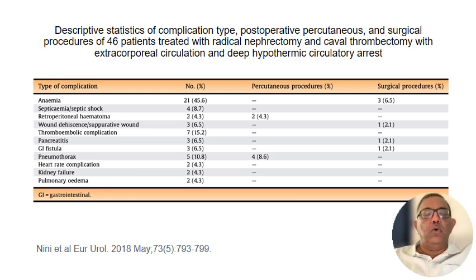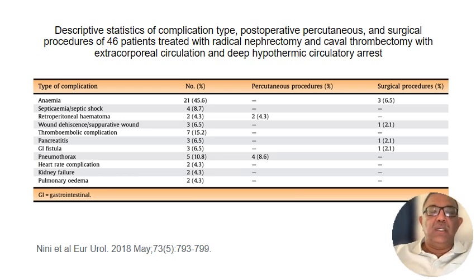Patients who undergo high level IVC thrombectomy, which is perhaps a very complex surgical procedure, are at high risk of developing various complications. However, because of the oncological benefit of this kind of surgical intervention, it is often performed, and often in an open surgical method rather than in a minimally invasive option.